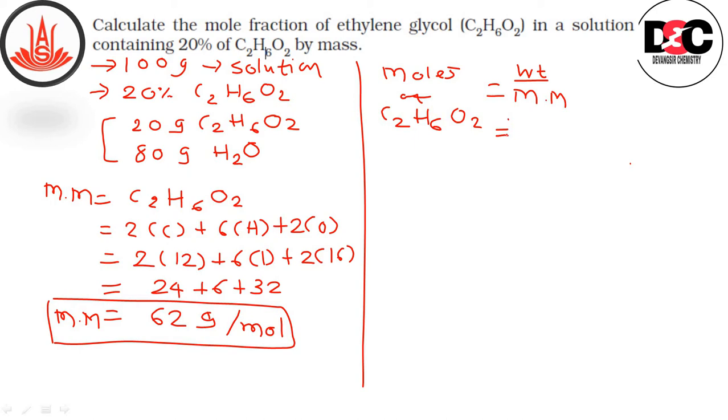Weight of ethylene glycol they have given, 20. The molar mass we have just calculated, that is 62. Okay, so you will be getting the moles 0.322. This is the moles of ethylene glycol.